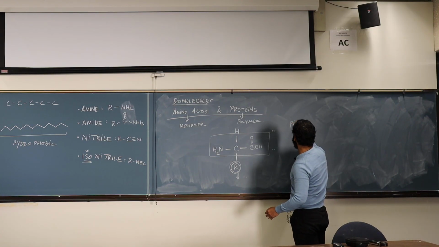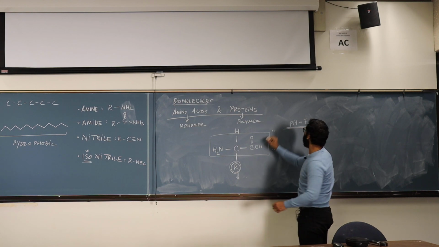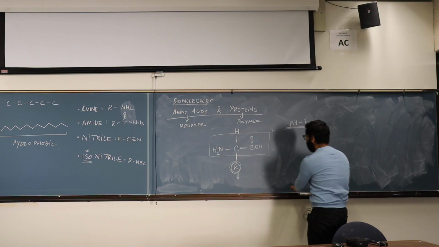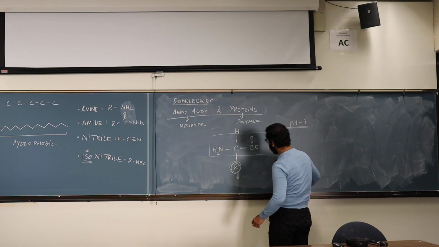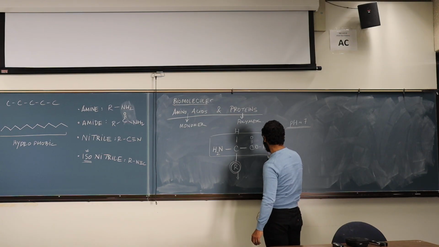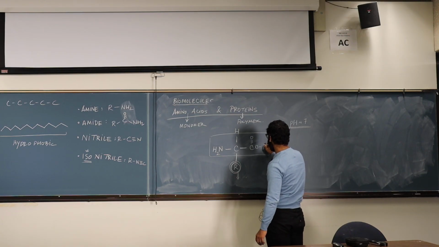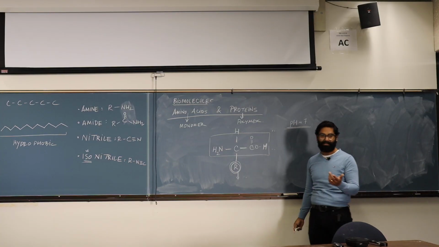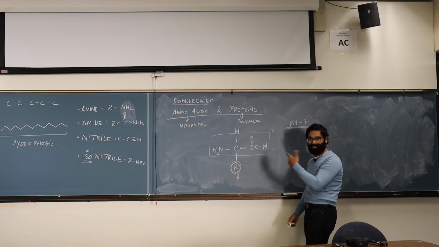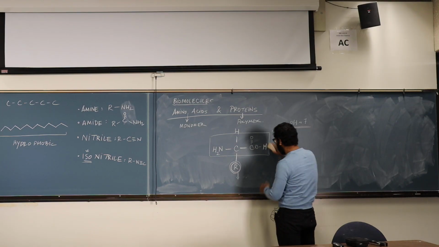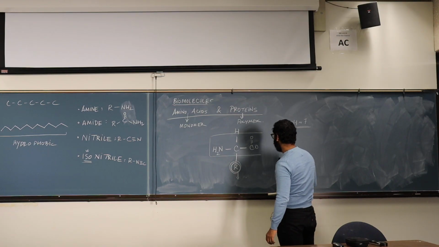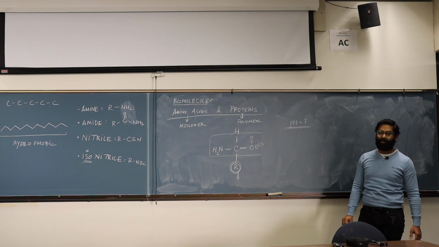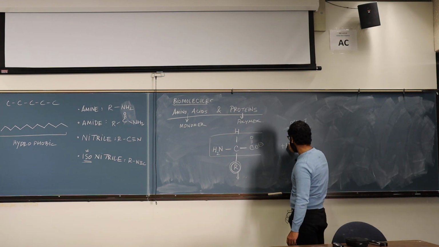At the neutral pH, or the normal pH of the body, this COOH, hopefully by now you know that this H is an acidic H, because it is attached to an O. That's the seat of the acidity in this carboxylic acid. So it can lose this hydrogen, and you get this H plus floating around.